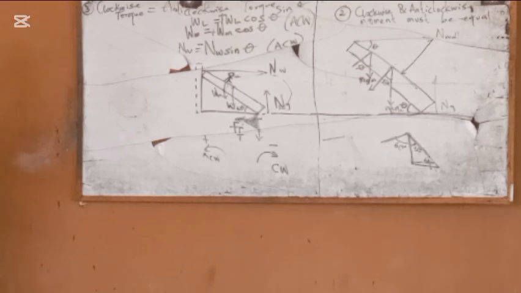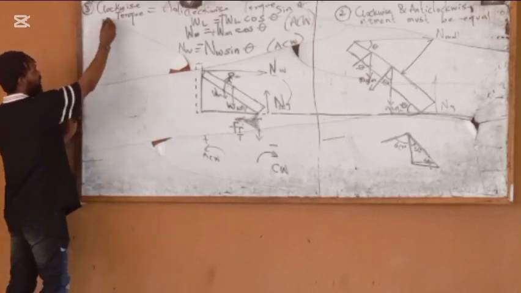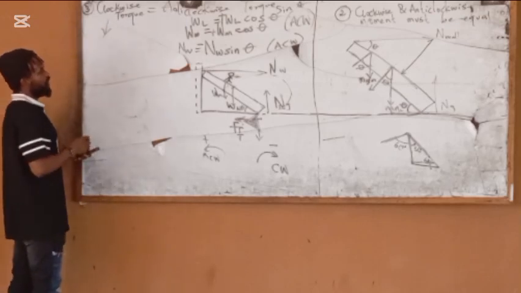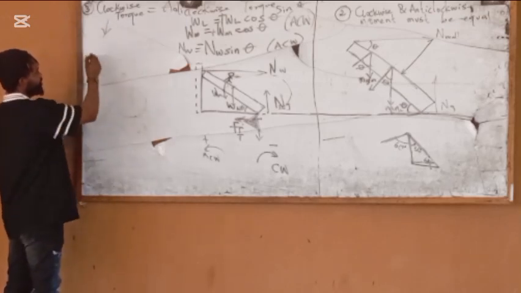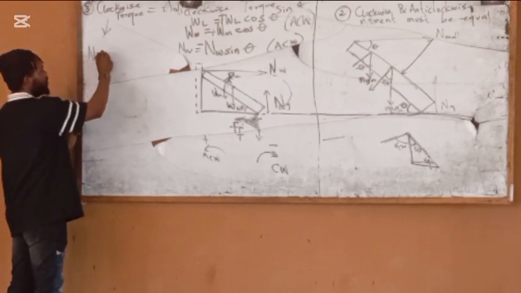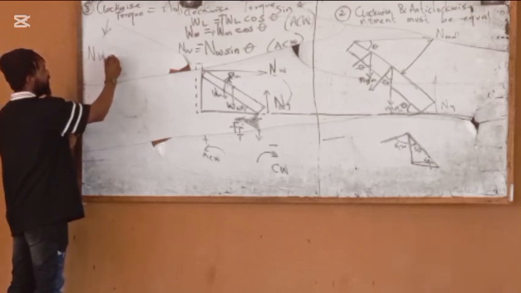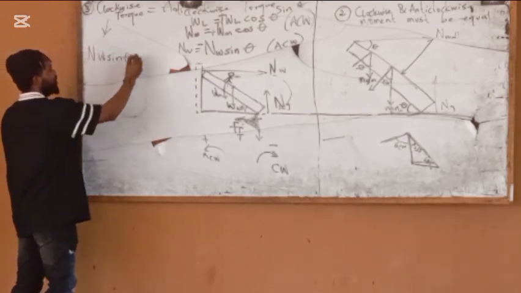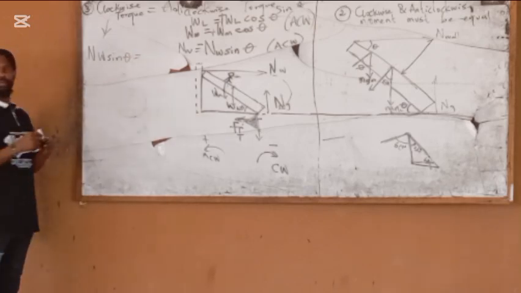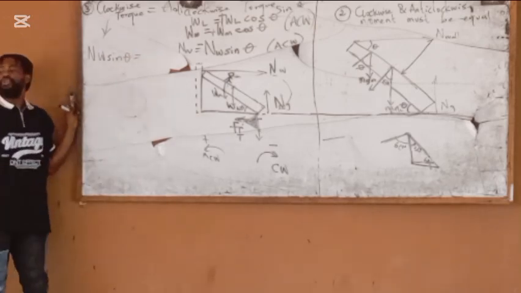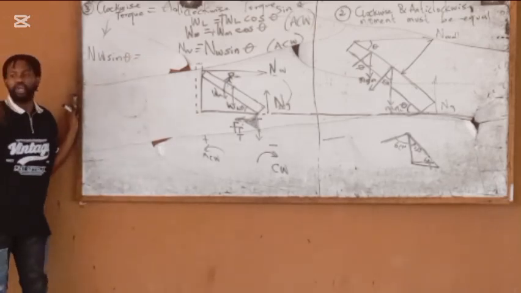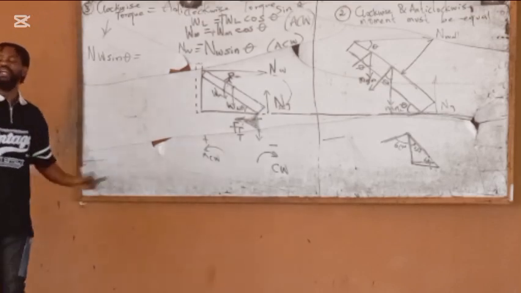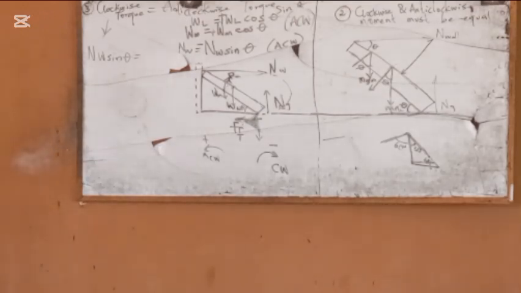Alright, so with that said, if this will confuse you, what is important is that when you are pointing, you know the ones you are calculating together. So that means that my clockwise torque here is going to be NW sin theta. Is it not true? No, minus. Sum of clockwise stuff will be equals to 0.